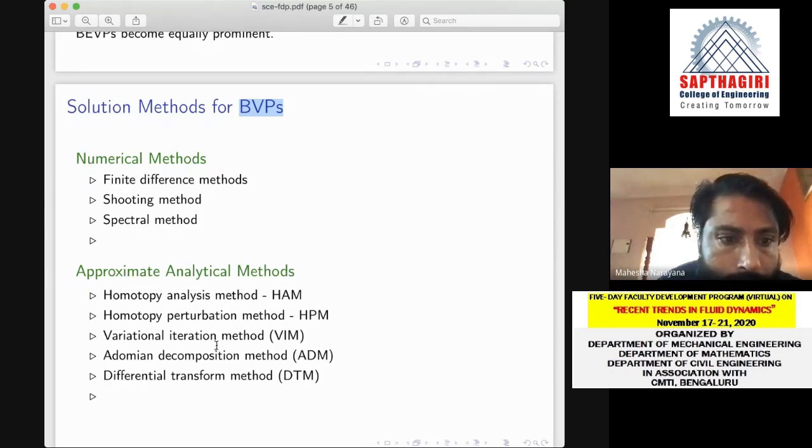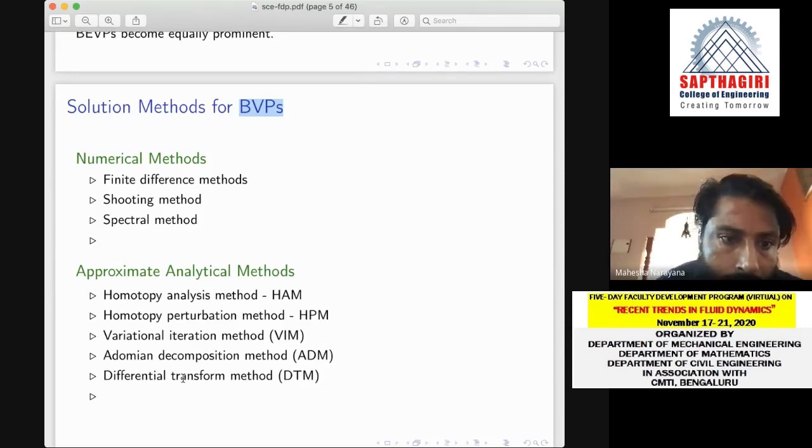Methods like variational iteration method, Adomian decomposition method, and the differential transform method, which I'll be presenting now, come under the category of approximate analytical methods. And all these, which handle boundary value problems, can be suitably altered to handle our boundary eigenvalue problems.